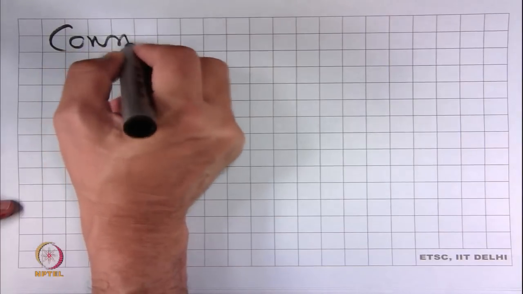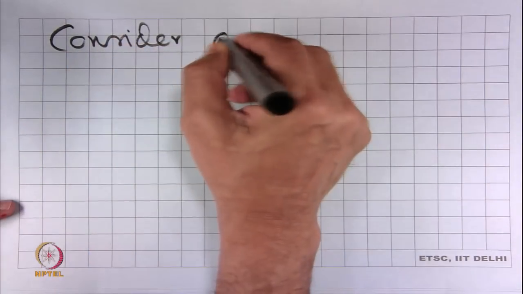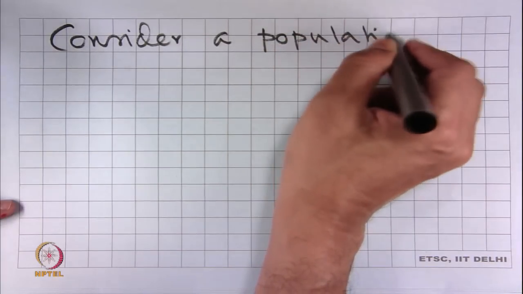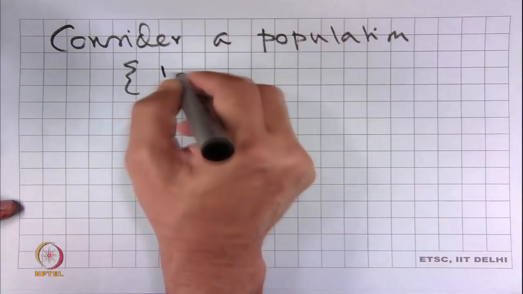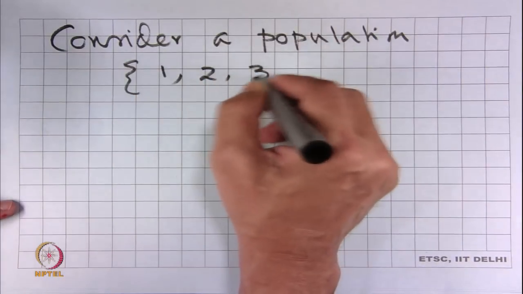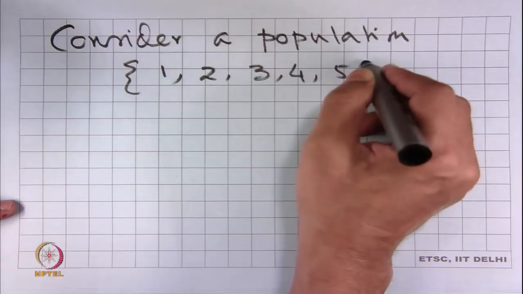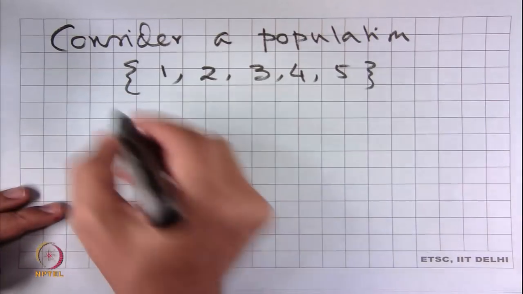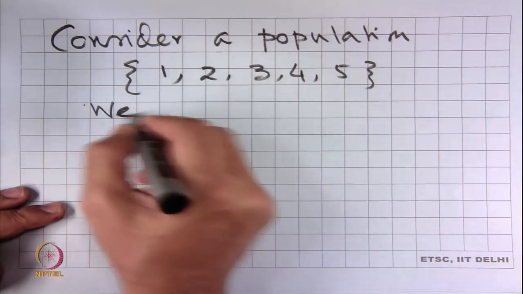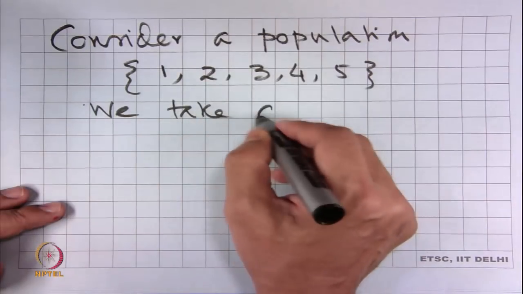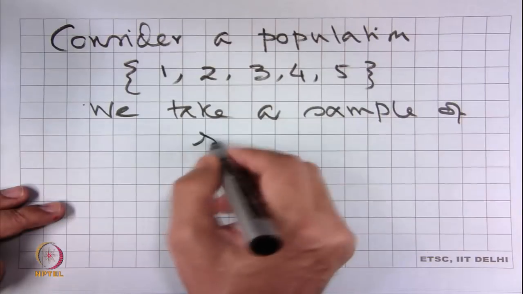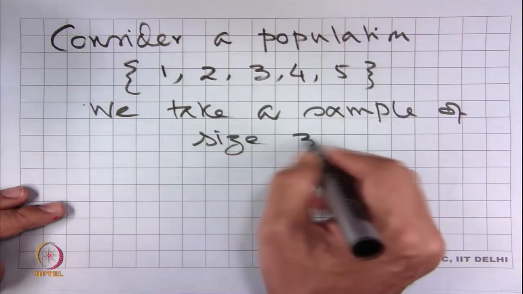Consider a population with 5 values 1, 2, 3, 4, 5. And suppose we take a sample of size 3.